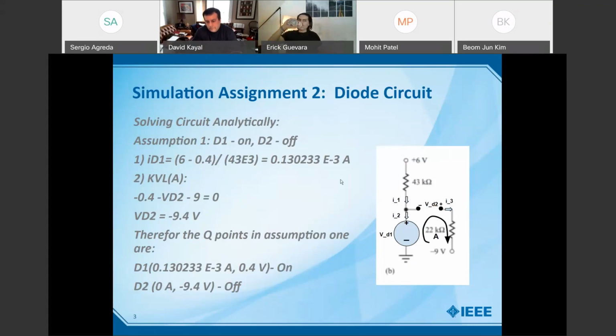0.13 milliamps. Now, one of the things you should notice is that since this diode here is off and behaves like an open circuit, no current is going to run through it.